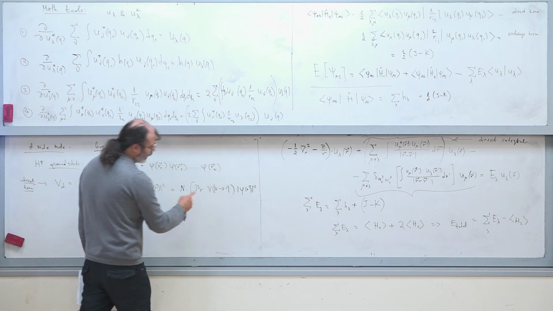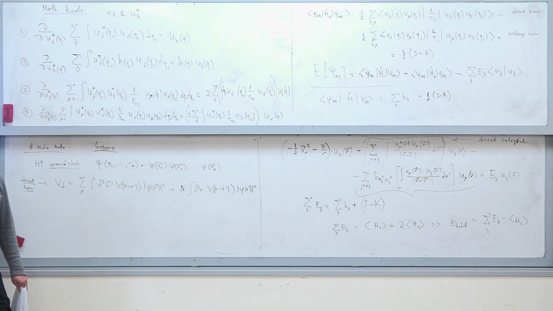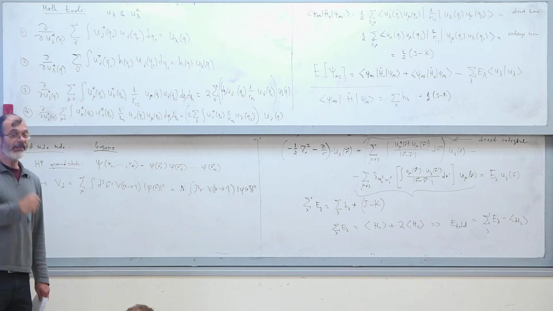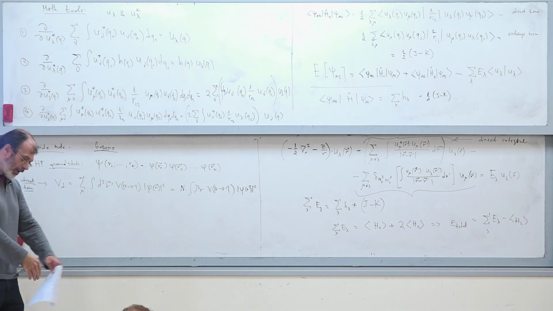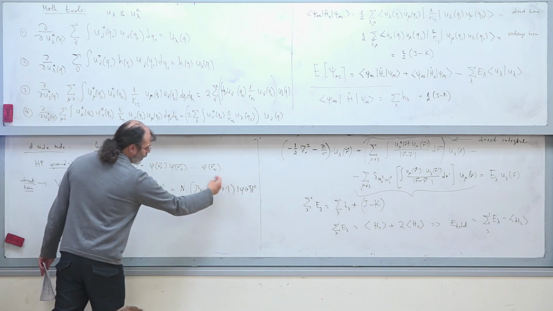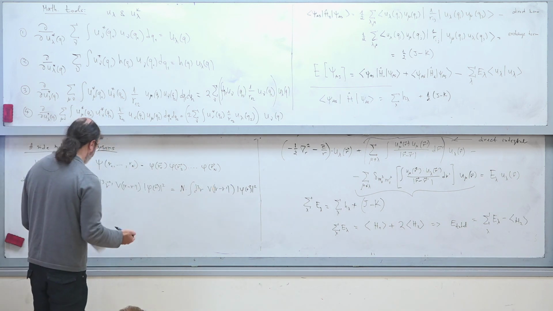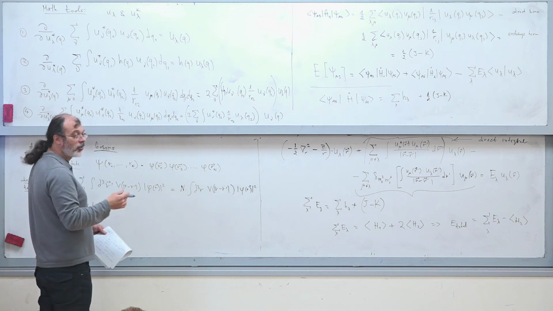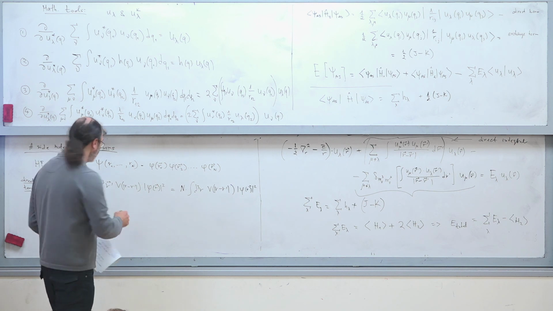This potential can be considered as a delta function potential, essentially a contact potential. It's very different from the Coulomb potential, which is very long range. Here I can consider the potential to be a delta function. This potential is extremely short range, zero range.